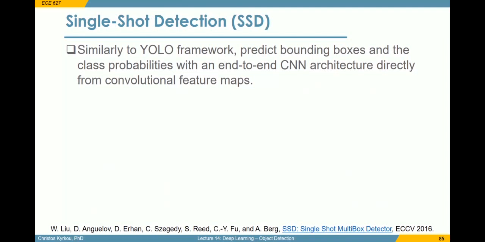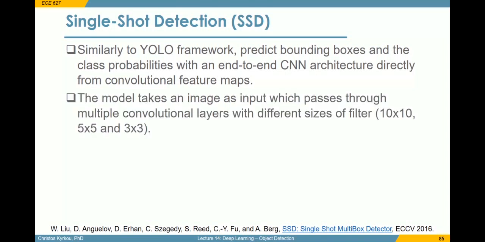Next up, we have the single-shot detection framework, which, as the name suggests, is another approach for single-shot detection. It is similar to YOLO, as it again simultaneously predicts the bounding boxes and class probabilities.